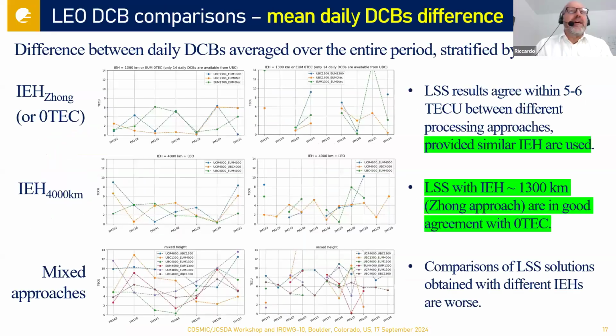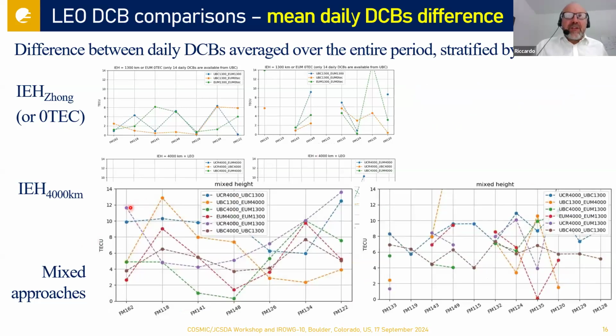No, I believe it's the effective height, because in this plot, wait, the slide before, maybe it's bigger. Here we are comparing solutions with different effective heights. You can see that we can have errors up to 14 TEC units easily.